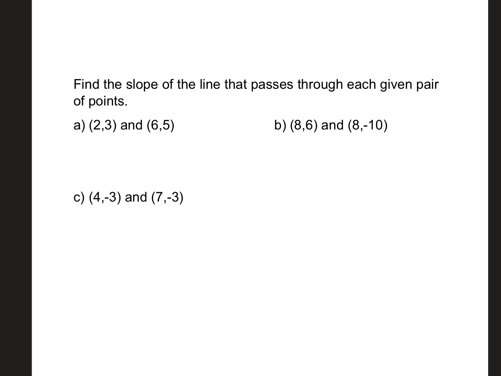So again, if you are asked to find the slope of a line that passes through these points, or a segment that has endpoints of these two points, you're going to want to make sure you're able to do those calculations. However detailed you feel like you need to be, I always end up feeling like I need to label these things. But just put them together in your slope formula, y2 minus y1 over x2 minus x1.